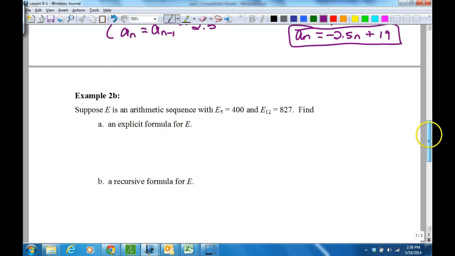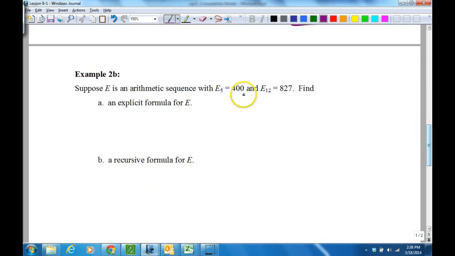Okay, so at a sub 5, I'm just going to set it up. 400 equals a sub 1 plus 5 minus 1 times d.